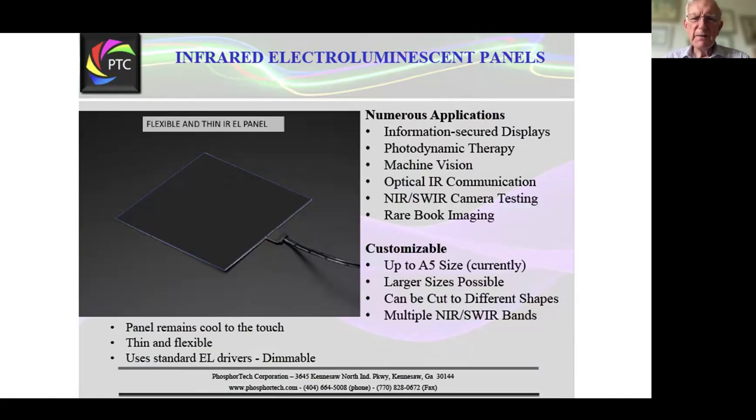Here is this remarkable new asset. It's a light panel which emits infrared. This one measures 10 centimeters by 10 centimeters, and it is a new invention. It is produced by a firm called Phosphotech in Georgia, USA.